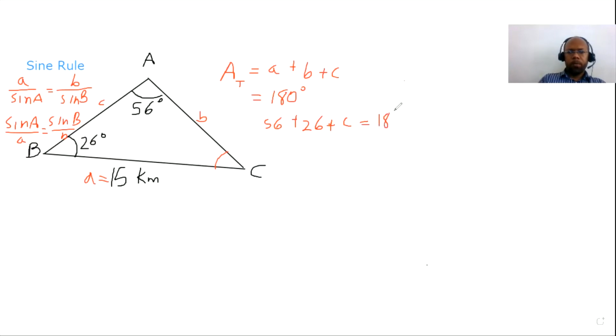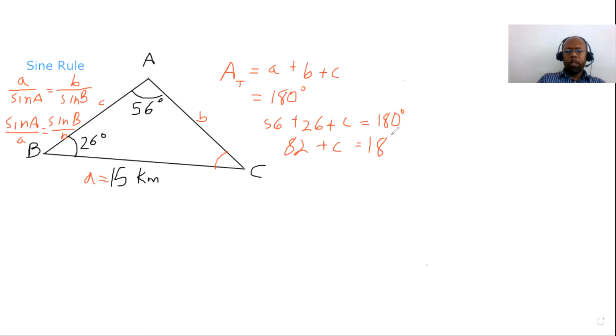Right, this is the total. Okay, so let's add up 56 plus 26. What do we get when we do that? 82. Okay, 82 plus C equals 180.